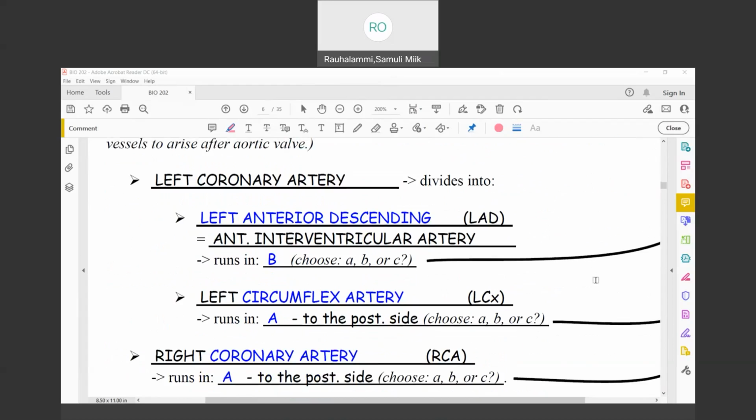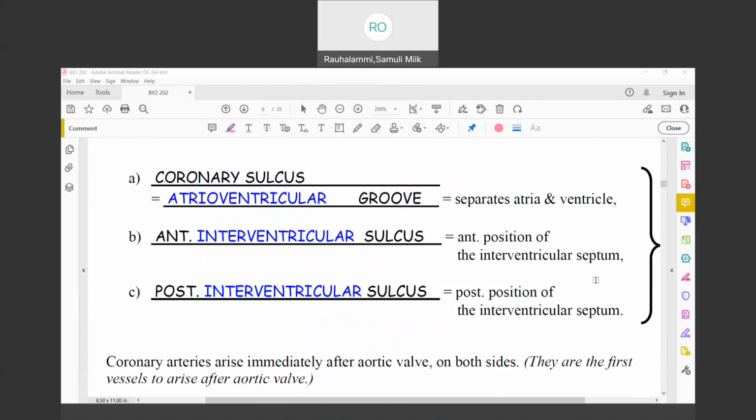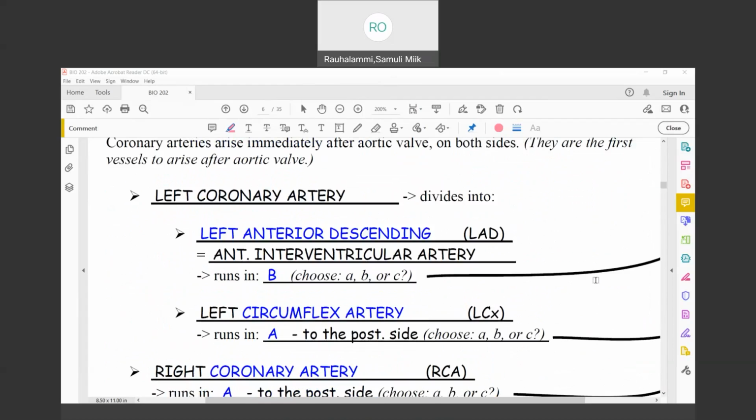The other branch from the left coronary artery was our left circumflex. The left circumflex ran within this coronary sulcus, wrapping around the heart, running to the posterior side.